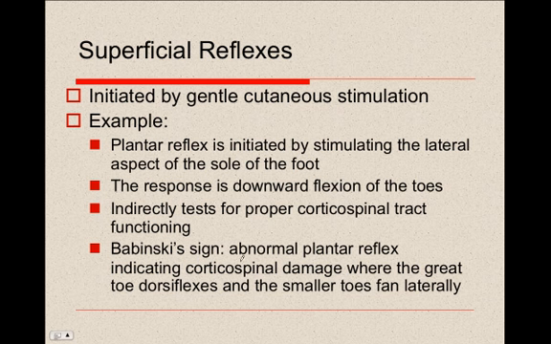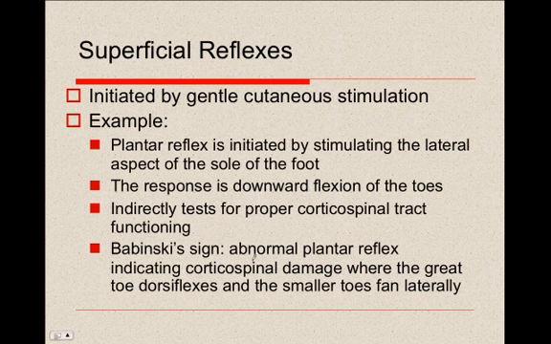And instead, they'll get an abnormal plantar reflex where they'll actually take their big toe and dorsiflex, or pull back, their big toe, and then the smaller toes will fan laterally instead of curling under. So that's called the Babinski sign. It's kind of fun to watch this on your infant as that Babinski sign slowly goes away, and then eventually they have the normal plantar reflex.